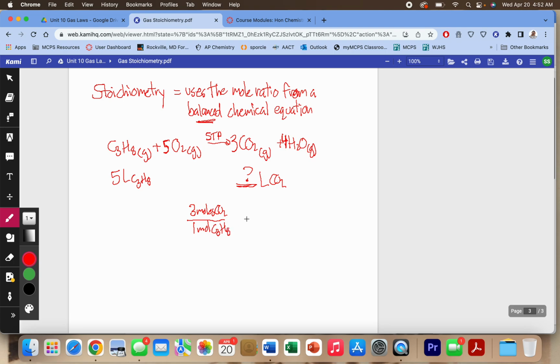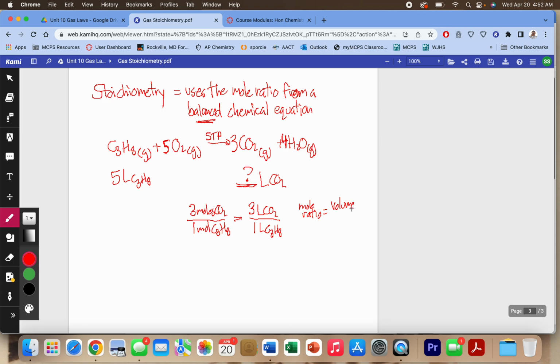However, the beauty of stoichiometry with gases, if the temperature and pressure are constant, since moles and volume are directly related, is that I can simply say 3 liters of CO2 corresponds to 1 liter of C3H8. In other words, the mole ratio equals the volume ratio.